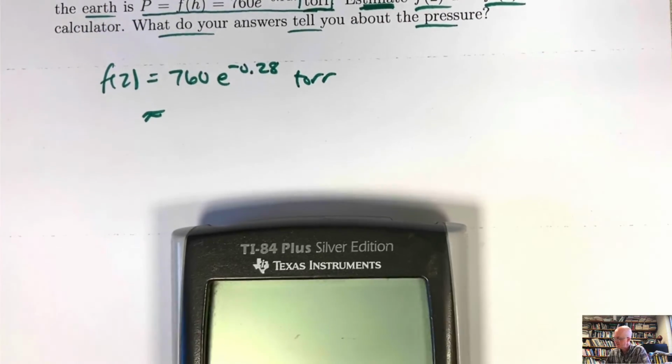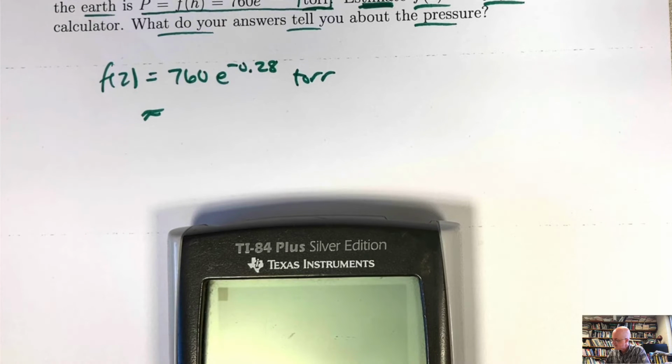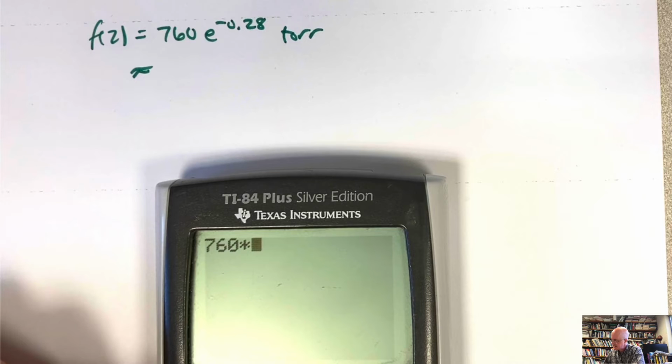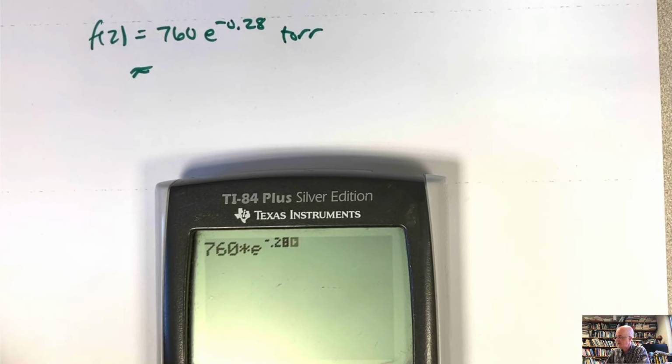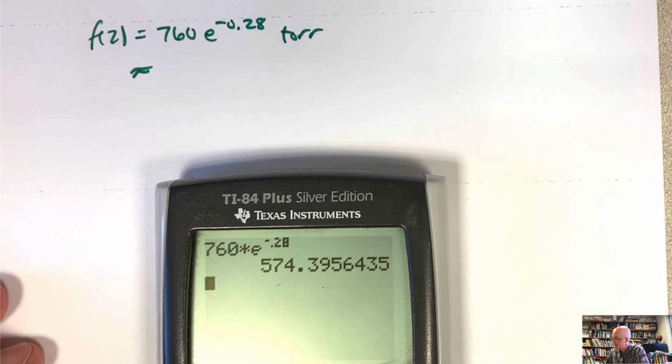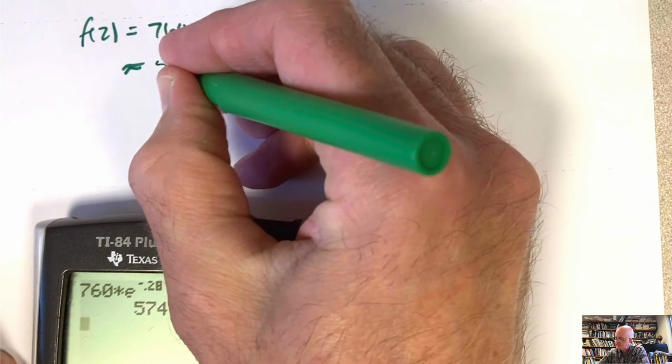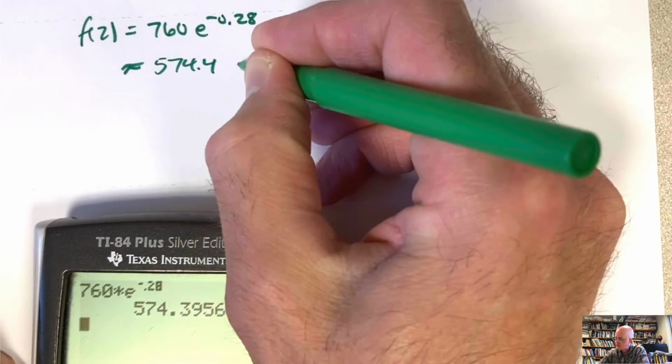That is asked for here. 760 times e to the negative 0.28. E to the 0 is 1. E to a negative power is a little less than 1. 760 times something a little less than 1 is a little smaller than 760. 574.4 torr.